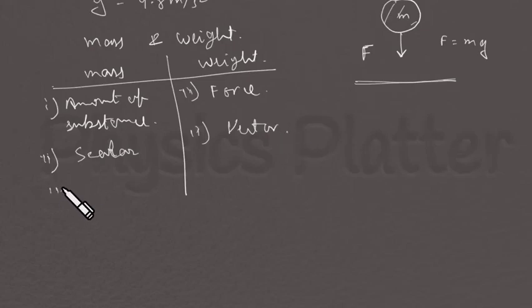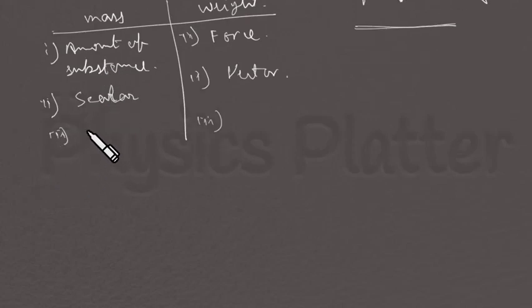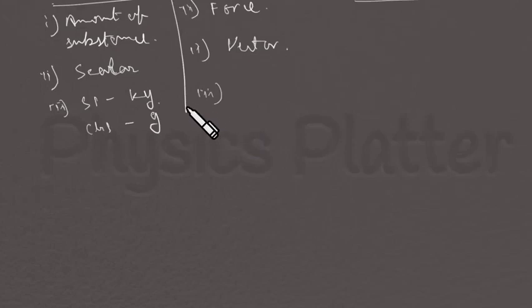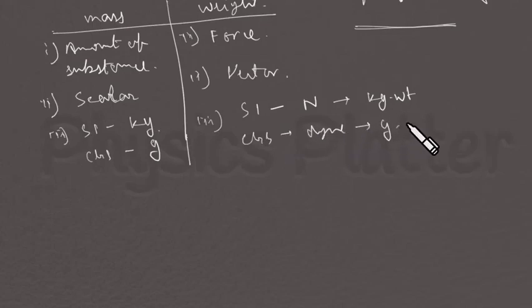Then the unit of mass in SI is kilogram, whereas in CGS it's gram, and the unit of weight in SI is Newton, or we can say kg weight, and in CGS it's dyne, or we can say gram weight.